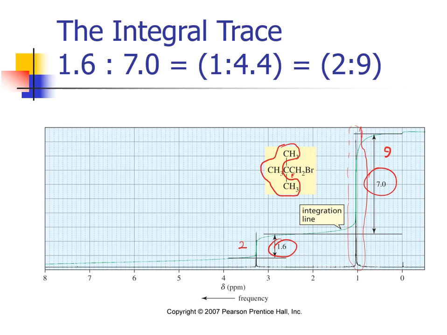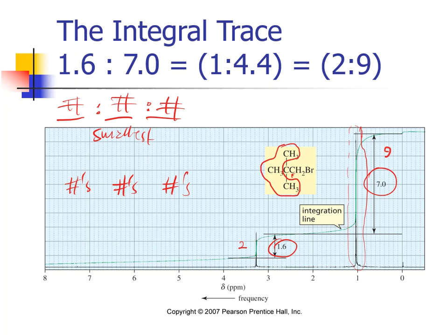Again, if you've got 3 signals, it's not a big deal. If you've got a number here, colon, a number there, colon, a number here, you work it the same way, folks. There's no difference. You still divide each of these by the smallest out of the 3. You'll get new numbers that show up down here, just like we did in our previous example. Some of these might have some decimals.